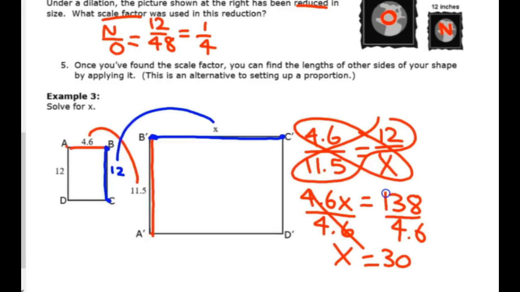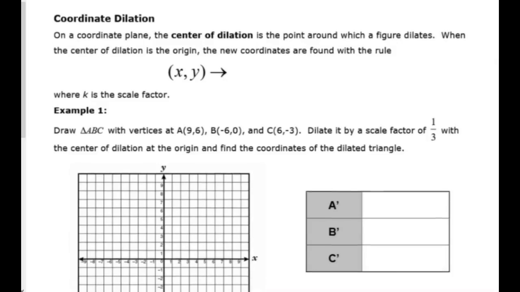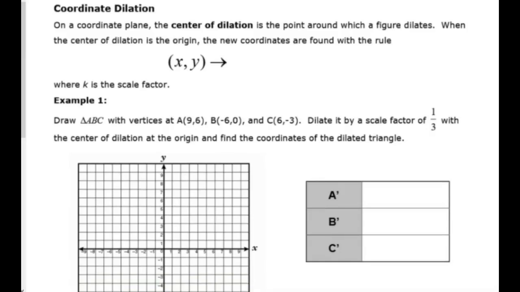Okay, flip it over, please. On the back, coordinate dilation. Now this is what we're doing, because remember yesterday we've been talking about coordinates. So on a coordinate plane, the center of dilation is the point around which a figure dilates. When the center of dilation is the origin, the new coordinates are found with the rule. Okay. So K is a scale factor.